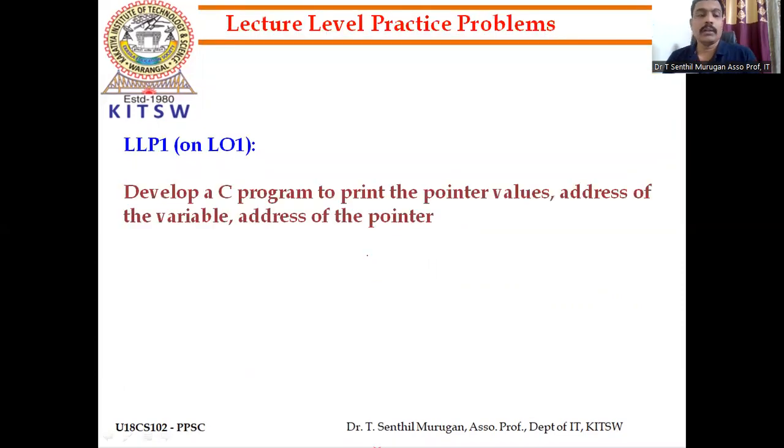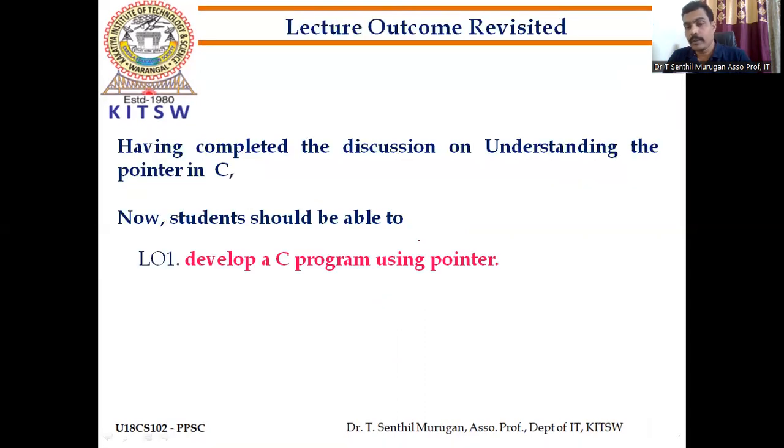Okay. So now the lecture level practice problem. We discussed what a pointer is, how we can declare the pointer, how we can print the address of variables using pointers. Those things we discussed. So you write a C program with the help of pointer values, address of the variable and address of the pointer. Now we have to revisit the lecture outcome.